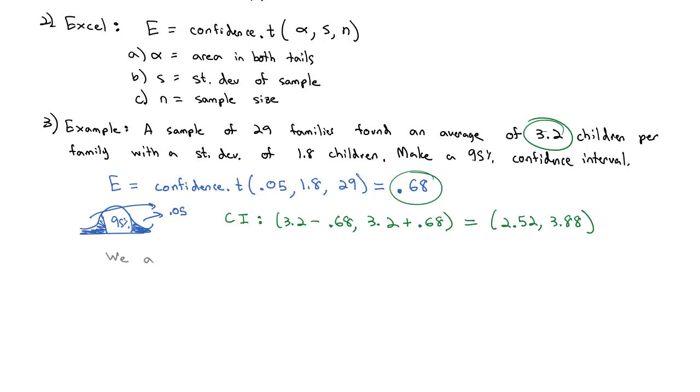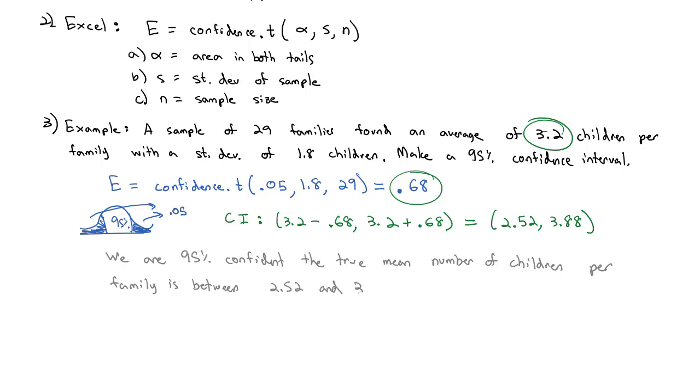We can say that we are 95% confident the true mean, actually we should say mean number of children per family, is between 2.52 and 3.88.